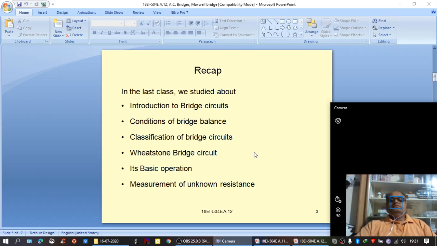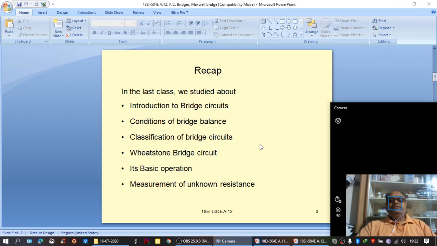Based on the type of elements used in the bridge arms, they are classified as DC bridges and AC bridges. DC bridges consist of only resistive bridge elements, and AC bridges consist of both resistive and reactive circuit elements or a combination of them.